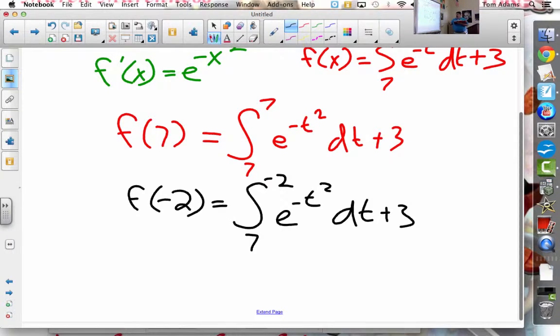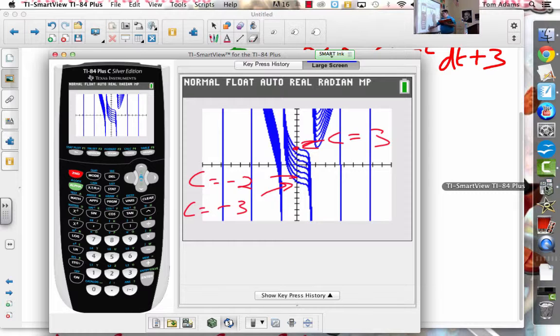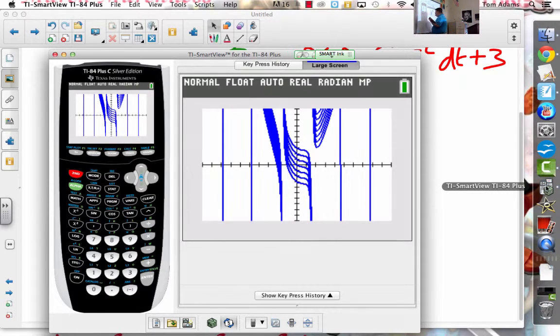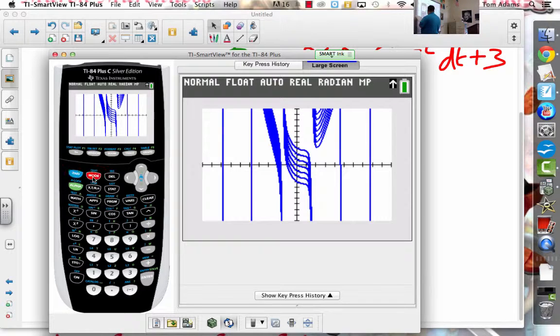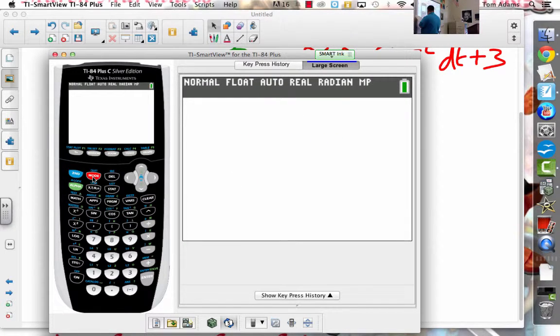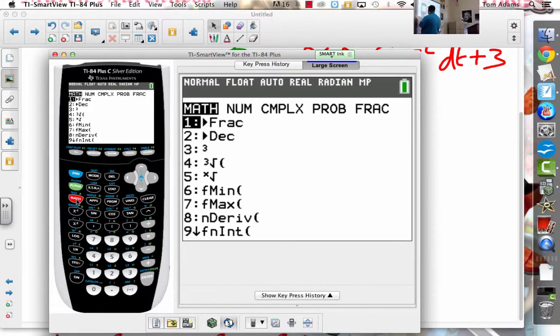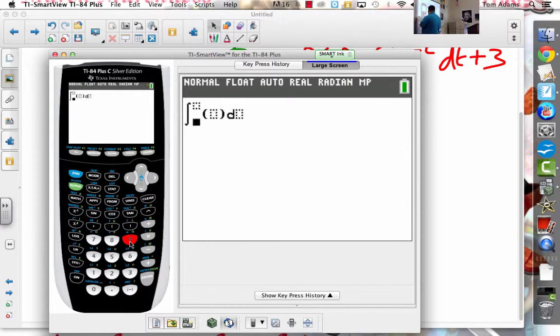Now I can just integrate this if I wanted to on my calculator and get an answer, because that's really all I'm interested in, the answer, and then go from there. So what I could do is go to math and then choose option number 9 and just evaluate the function. Now I put this in math print so you guys could see this.